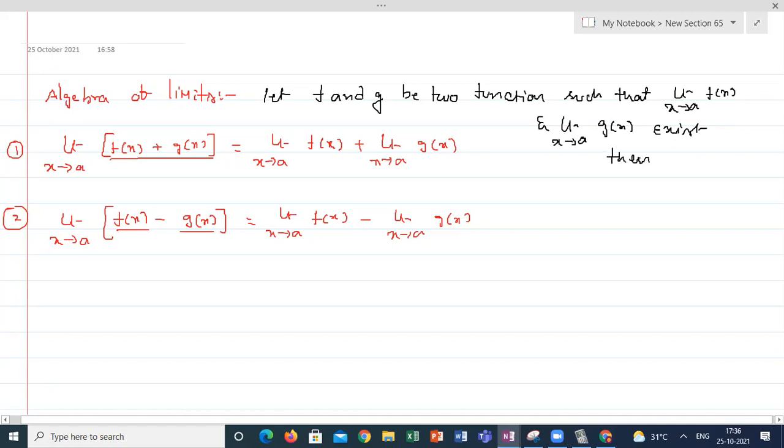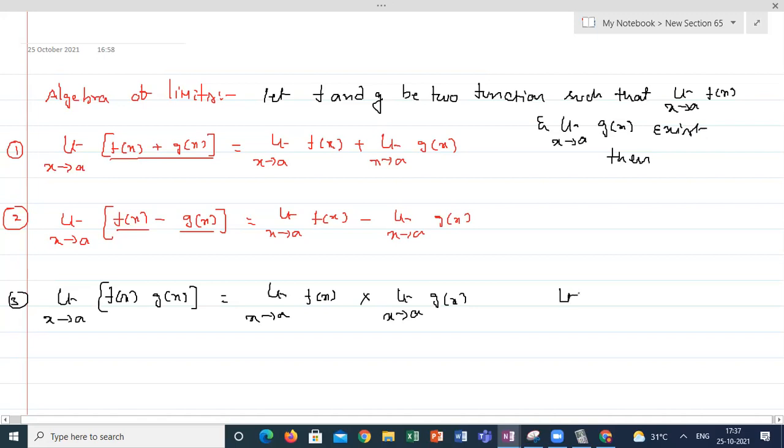Then the subtraction of two functions limit will be equal to limit of the functions separately. Subtraction also same, addition also same. Even limit x tends to a f of x into g of x can be written as limit x tends to a f of x into limit x tends to a g of x.